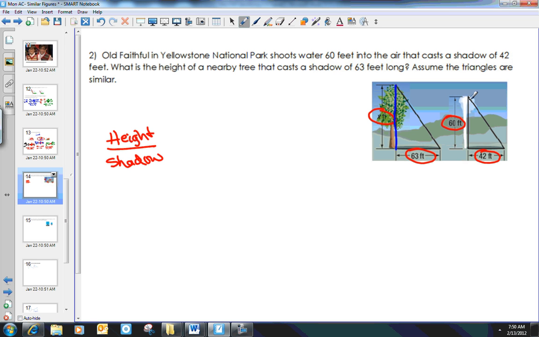So making our similar figure proportion, the height of the tree over the shadow. So we know that the height of the geyser is 60. So I'm going to put geyser here. And the shadow of the geyser is 42. Okay. The height of the tree is X, and the shadow of the tree is 63. So now I have my shadow numbers on the bottom, my height numbers on the top.